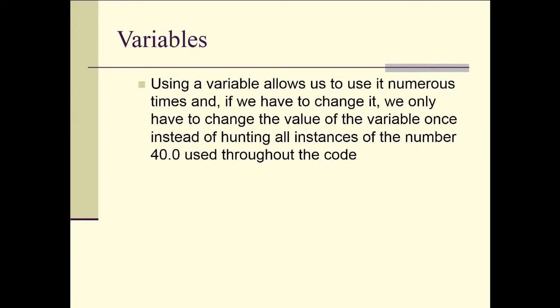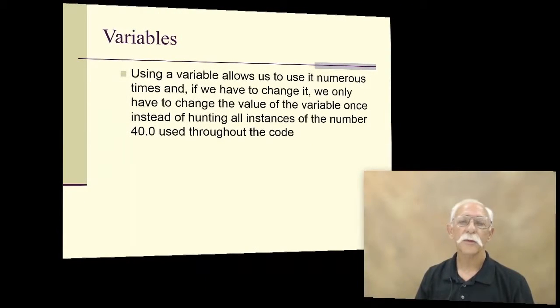Let's say we've got a simple program, 100 lines, and we've used the number 40 at least 10 times. Well, if we make a name for it, use it as a variable, and make it equal to 40, now all we have to do is change that variable value from 40 to whatever else we want, 50. Then we only have to change it once.